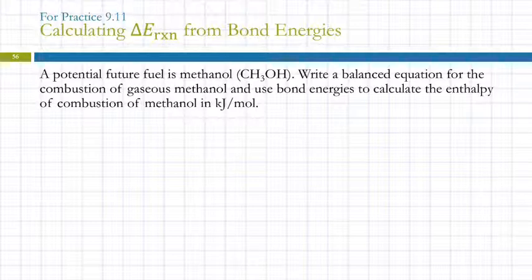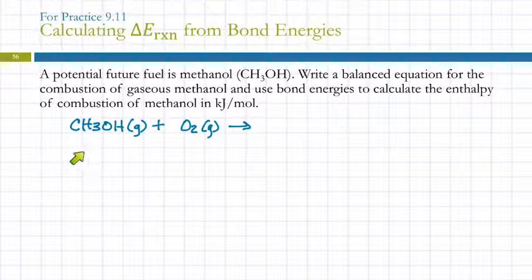So we have to write a chemical equation. So we've got our methanol, and when something combusts, what is the other reactant? Oxygen. So we got O2 here.